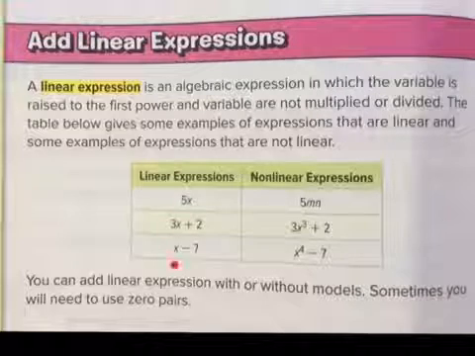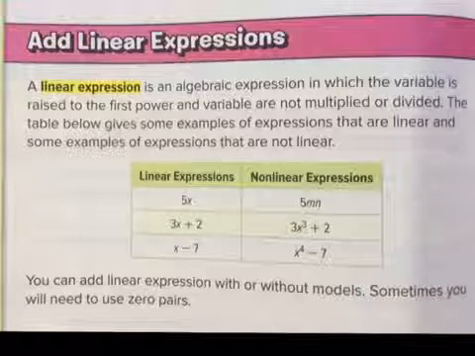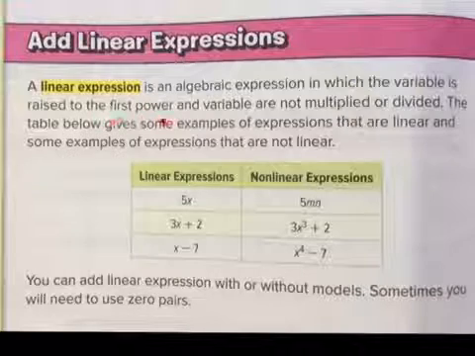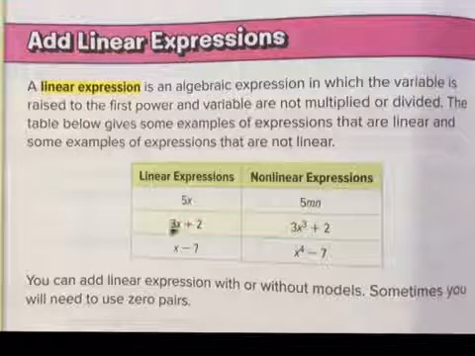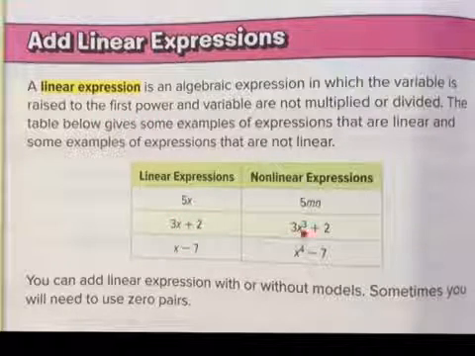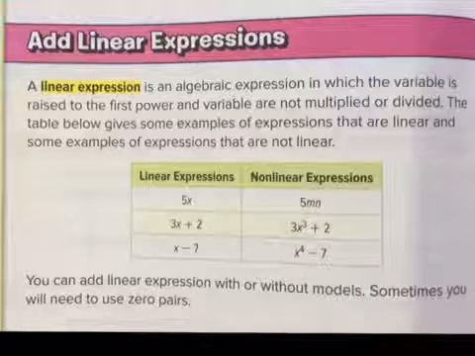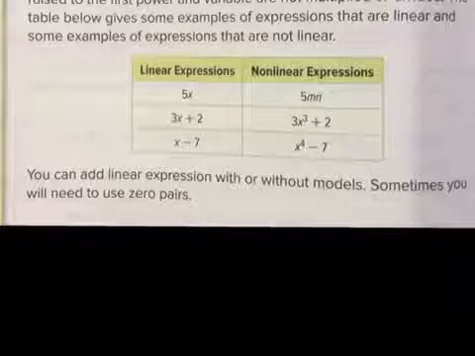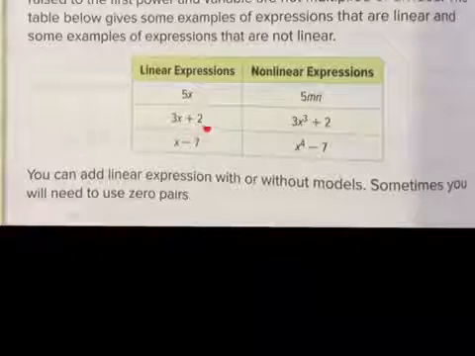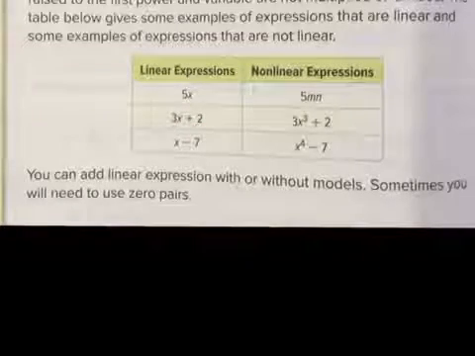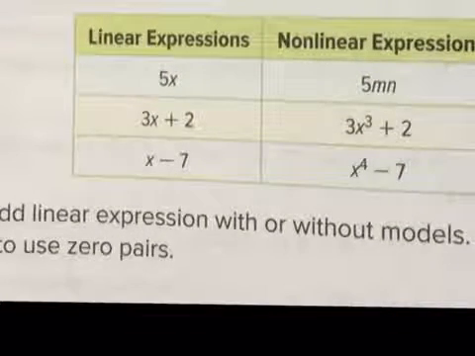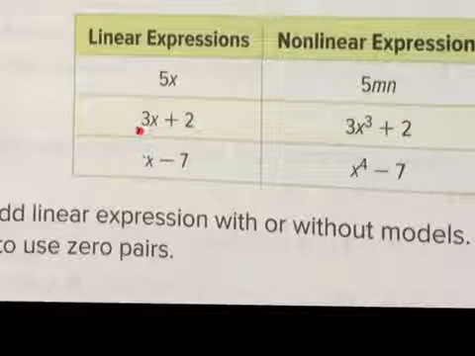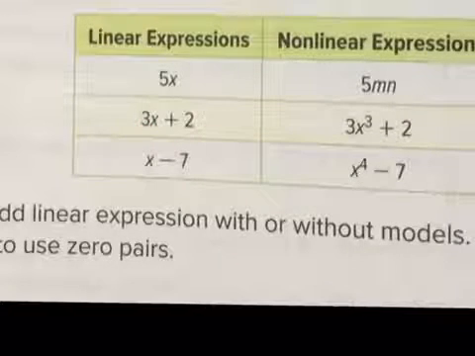Okay, so these variables right here are to the first power. There's only one, they're not squared, they're not cubed, they're only to the first power. Well, here we have cube, we have square, and here we have 2 variables. To me, what this is starting to look like, boys and girls, is that when it says a linear expression, it's an expression that can be graphed on a coordinate plane, because we have an x right here, an x coordinate.